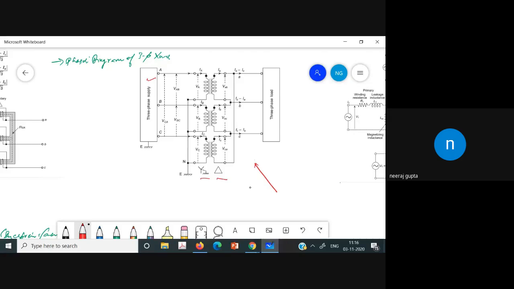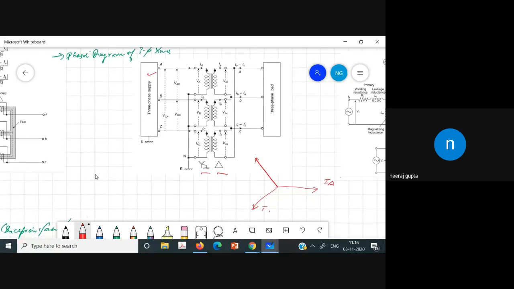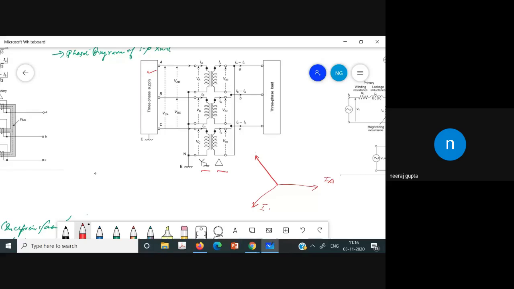So let us suppose we will have the currents IA, then IB, then IC.